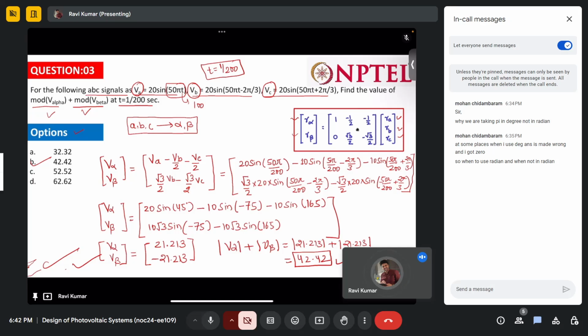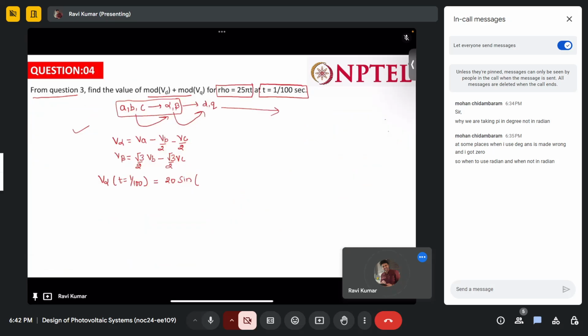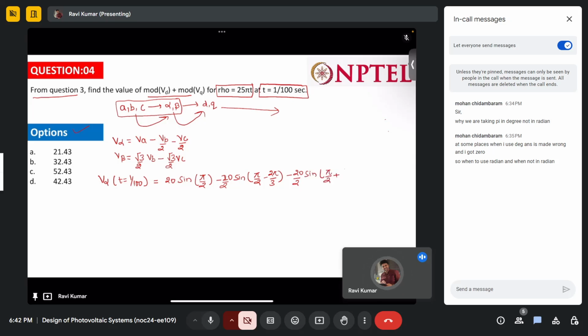So I am putting t equals 1 by 100 in this case. Then I am getting 20 sine pi by 2 minus 1 by 2 of 20 sine pi by 2 minus 2 pi by 3, and minus 20 by 2 sine pi by 2 plus 2 pi by 3.